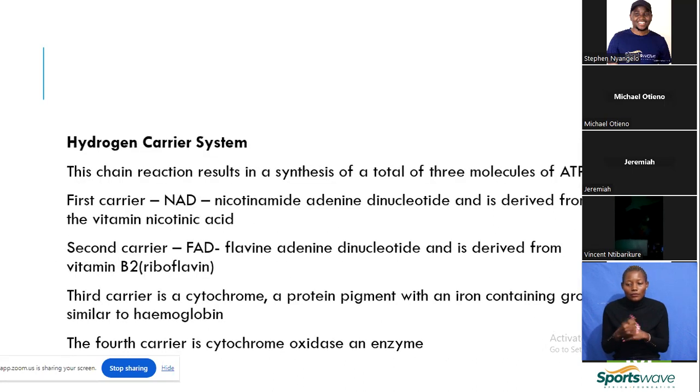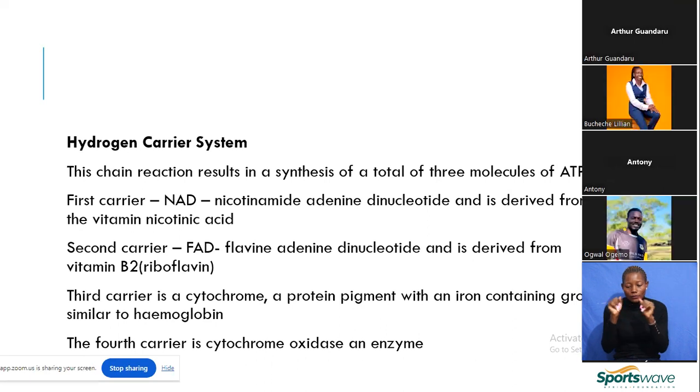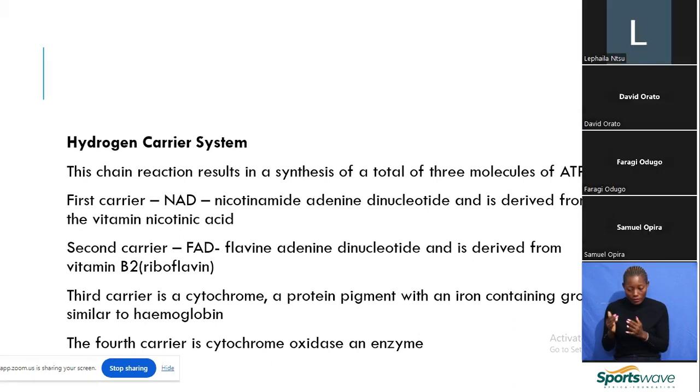There is something called the hydrogen carrier system, or you'll find some books refer to it as oxidative phosphorylation, or the electron transport system. Very interesting. I would encourage you to go and read about it.